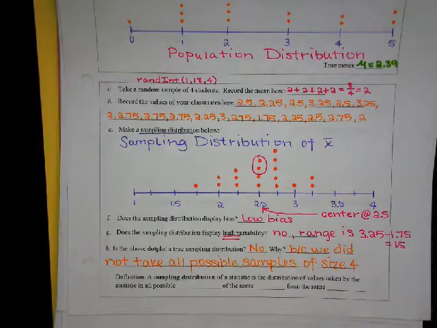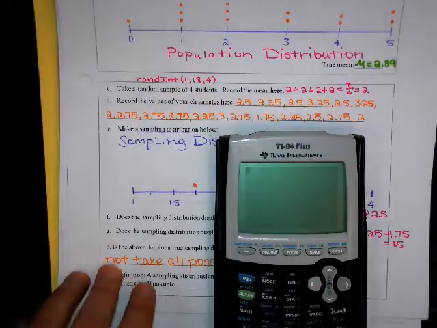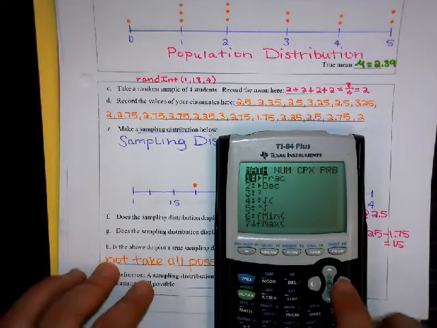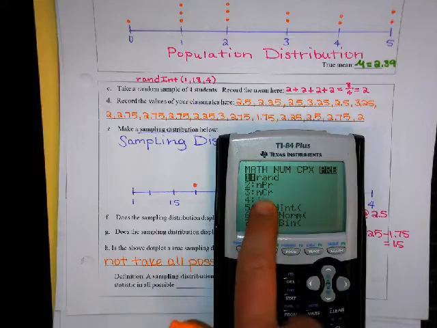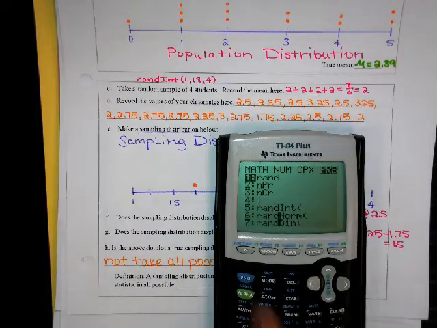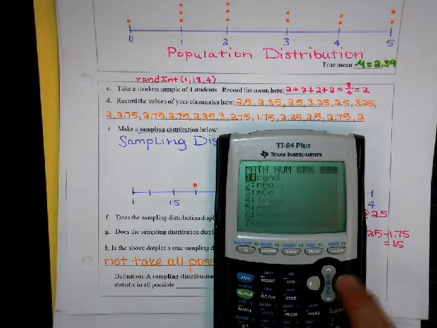If we do the combinatorics, it'll tell us how many samples of size 4 there are from 18 students. 3,060, so you probably could. Would you want to? No way. That's a lot of samples of size 4.